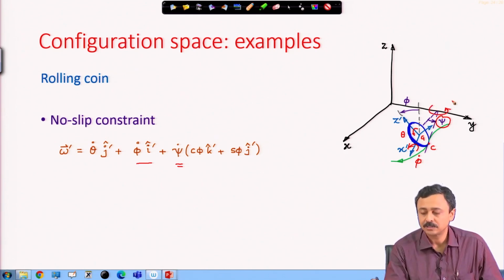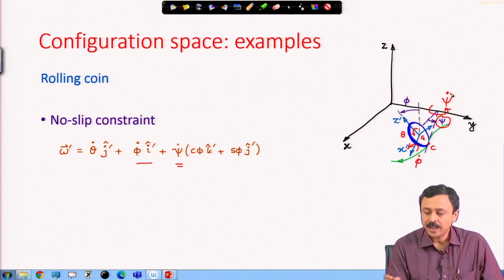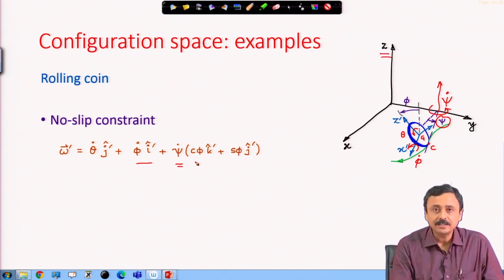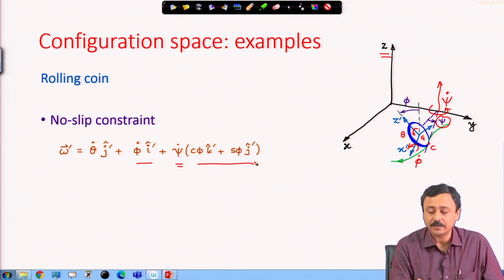So, the rate at which psi is changing is psi dot, and that is about the z axis really. The rate of change of direction of the motion of the coin is about z, and that z unit vector z cap I have represented in x prime, y prime, z prime.